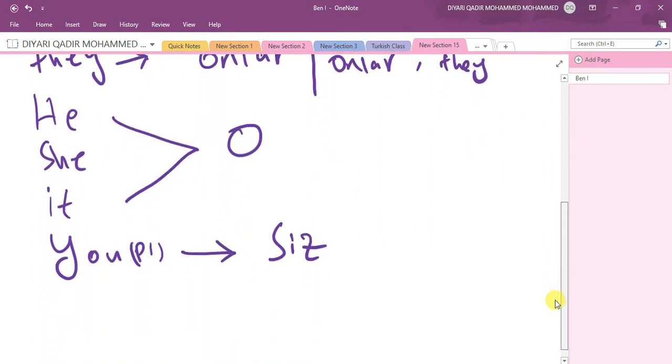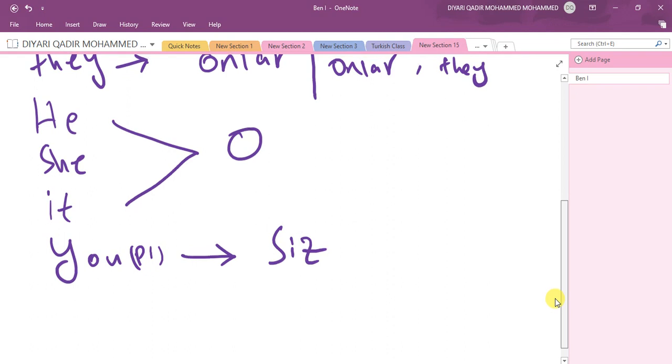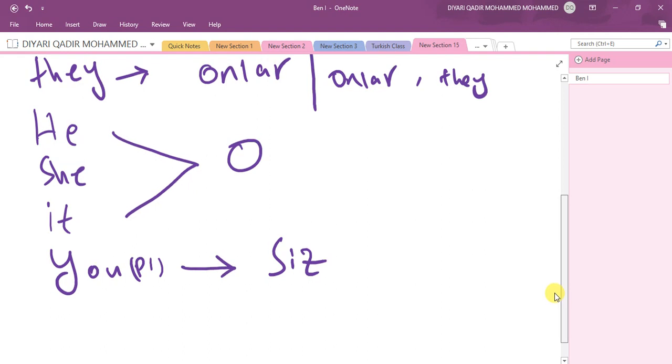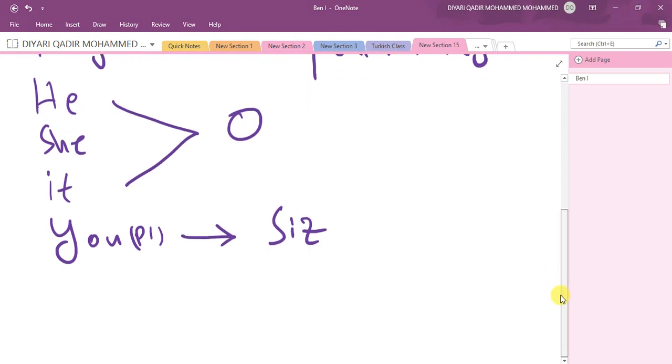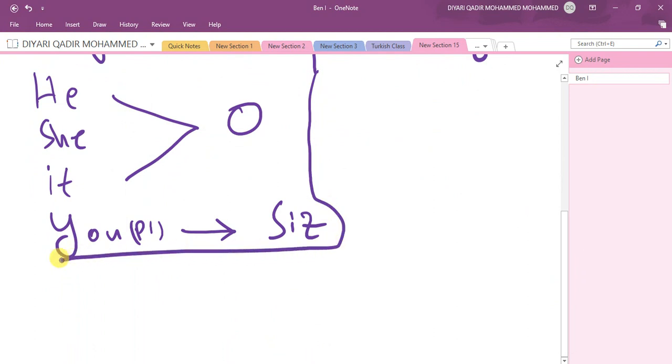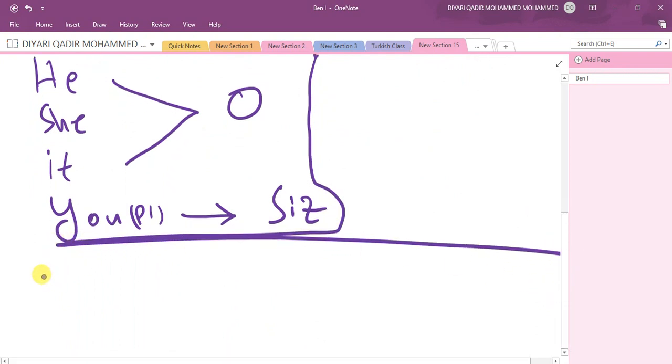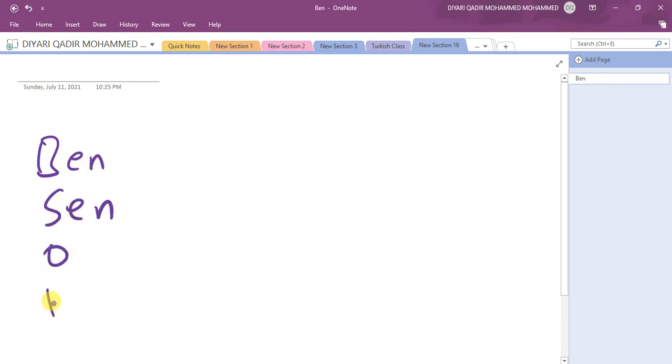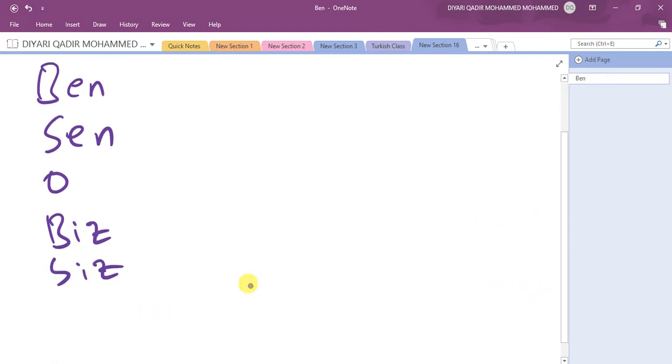So what are we going to say? For example, in order to say your bag, my bag, his bag, and so on, we are going to format it in this way: ben, sen, o, biz, siz, onlar.